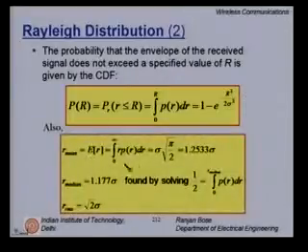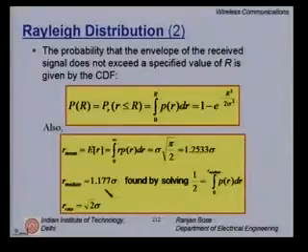Also, you can calculate the R mean, the R median and the R RMS, root mean square. So, these are certain properties of the Rayleigh PDF. Let us quickly look at it. The mean value is given by sigma times root pi over 2. It's just 1.25 times sigma, fairly close to this sigma value.